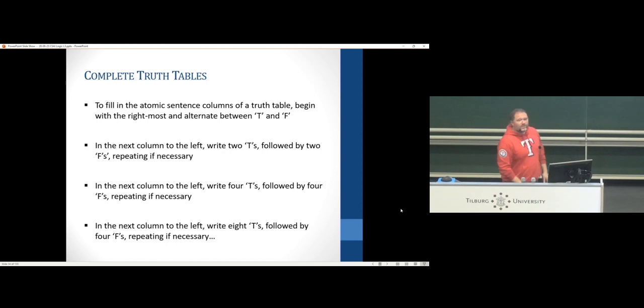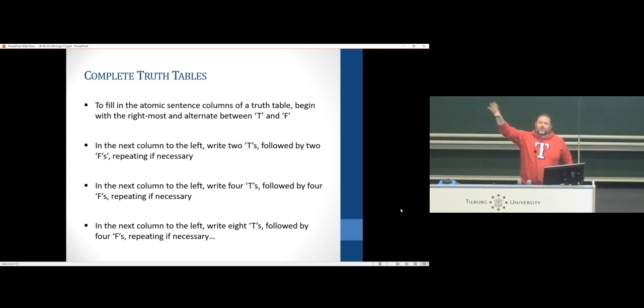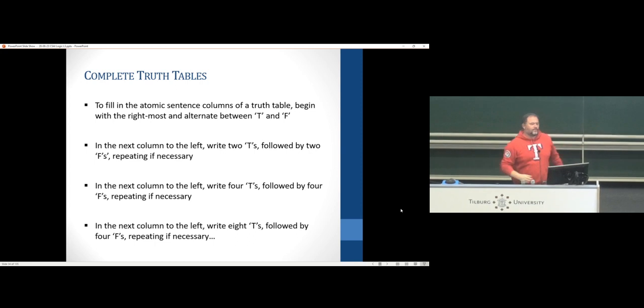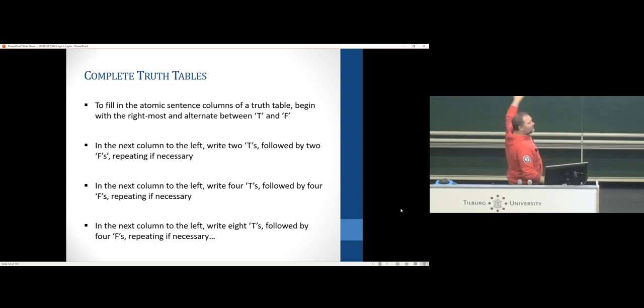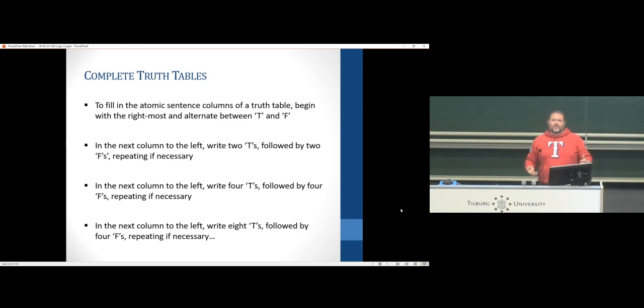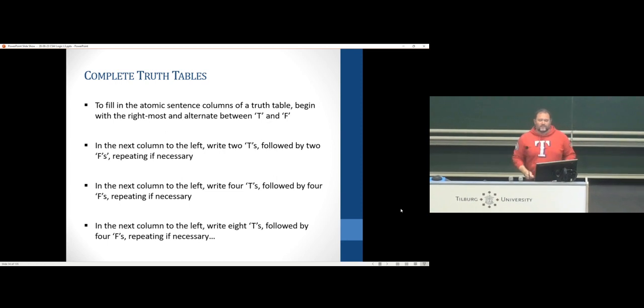So the way we're going to go when we construct our table is you first pull out all of the atoms from your sentence you're looking at, however many there are. You're going to write them over on the left-hand side in an independent little mini table. And this is going to be your matrix. It's going to be the list of all the possible assignments of truth values to the atoms. So we'll pull them out and we'll list them.